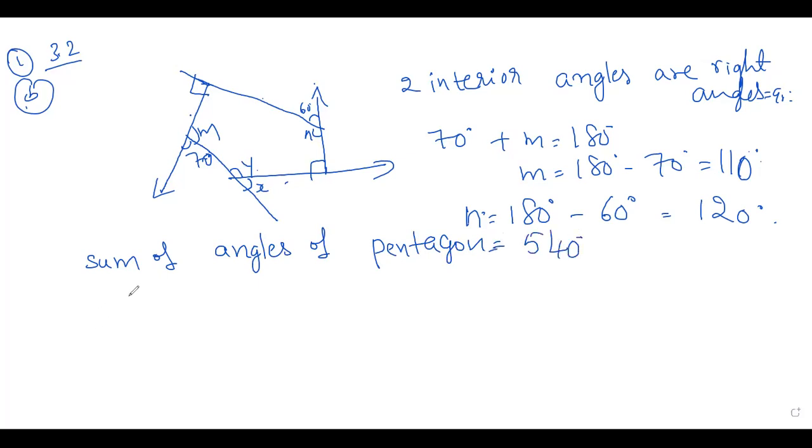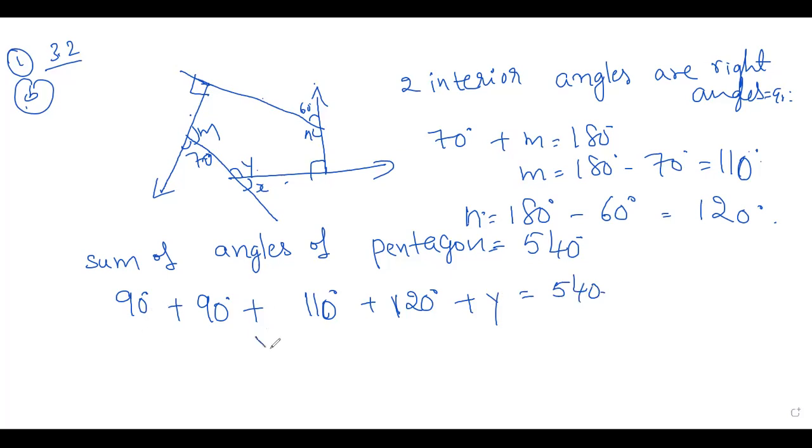Write all the angles. 90 plus 90, two right angles are there. And what is m here? It is 110. And what is n? Angle n is equal to 120. And y is equal to 540, right?